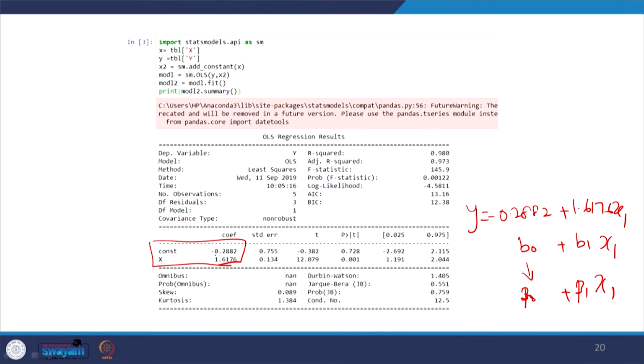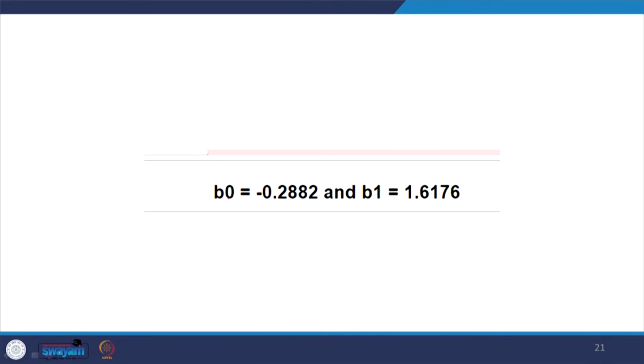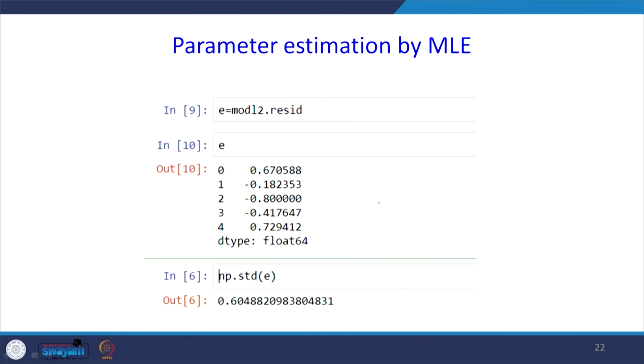So, this was the answer when we use the least square method. Now, we are going to use the concept of maximum likelihood estimation, then we have to verify whether we are going to get the same answer. This is the answer we got: the y intercept is minus 0.2882 and the B1 x1 coefficient is 1.6176.